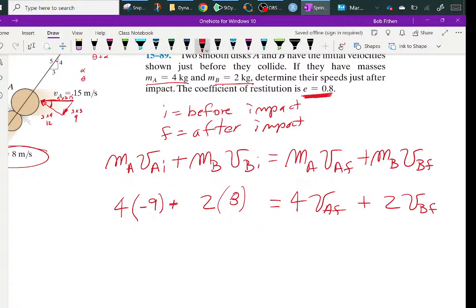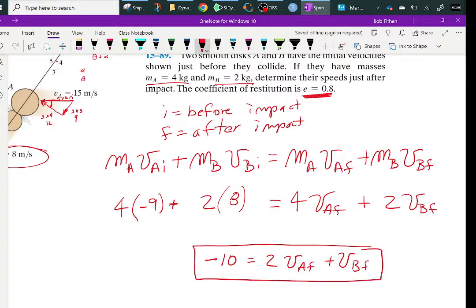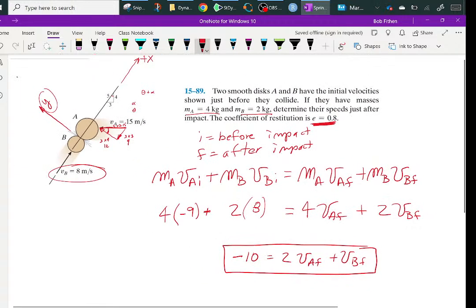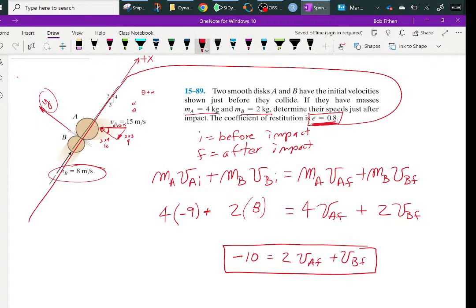And so here, I'll go ahead and try my best at it. Okay, so if I do that and work that out, so minus 10 equal to 2 VAF plus VBF, and I'm stuck here with just those two until, and this is the key here, this coefficient of restitution only takes place along the line of impact.